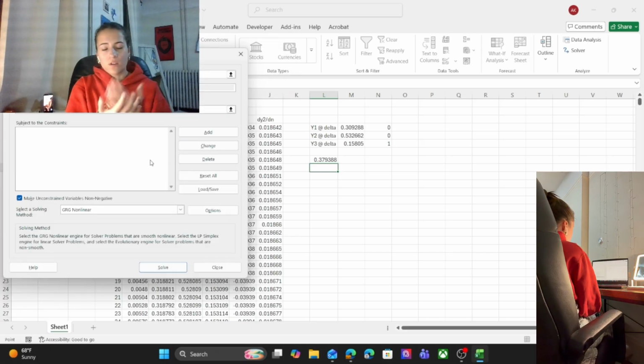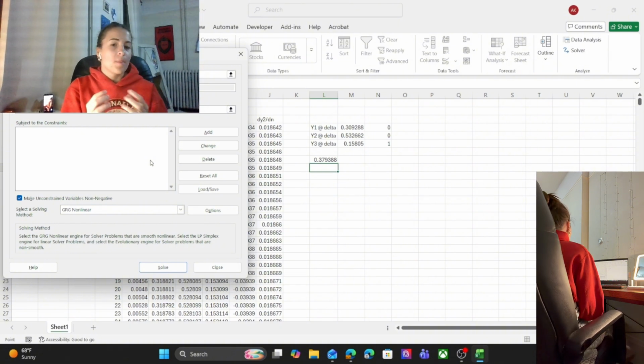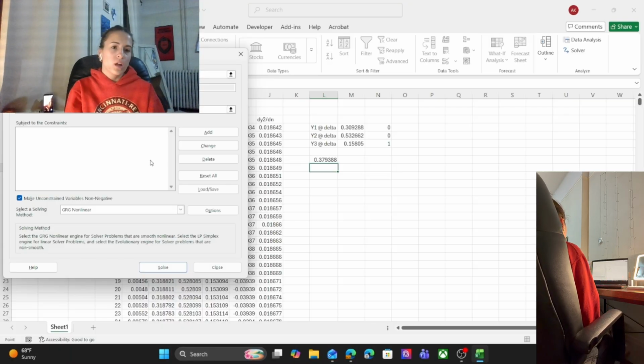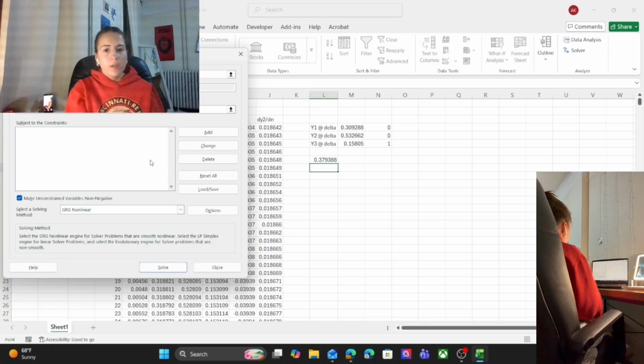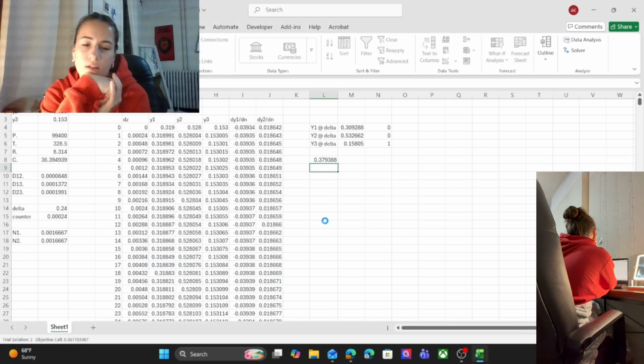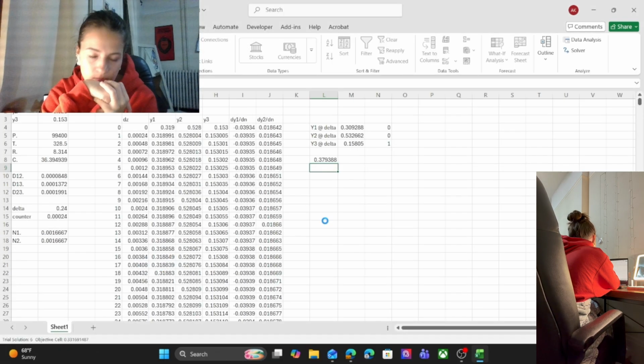So those were our guess fluxes, but we want to find what the actual flux is by minimizing this sum squared here by saying that those two need to be 0, or as little as possible minimized in order to be more accurate to this actual equation. So now we're going to hit Solve. And then this will begin solving for us.